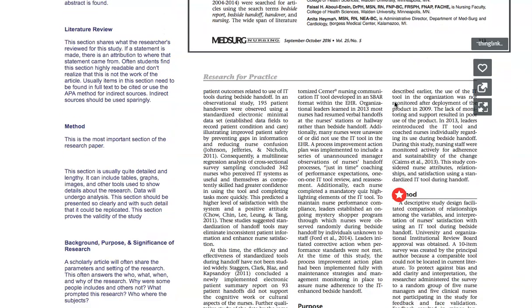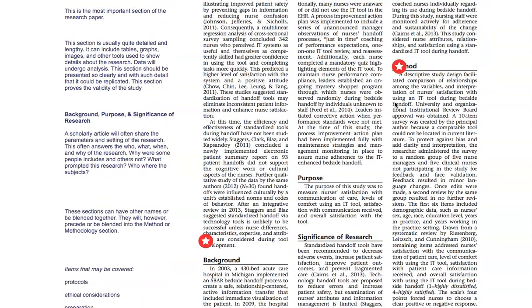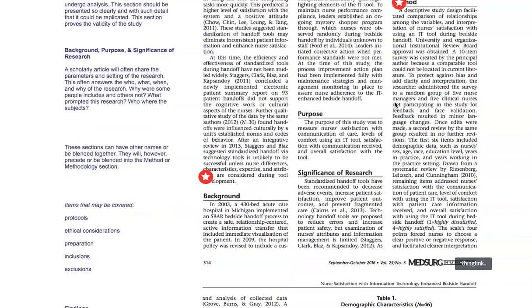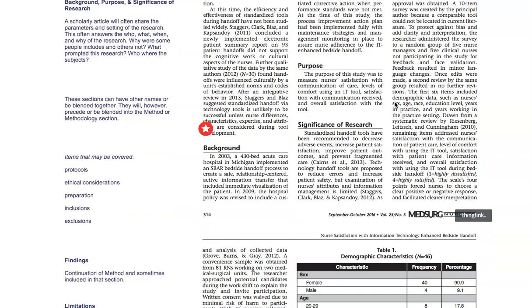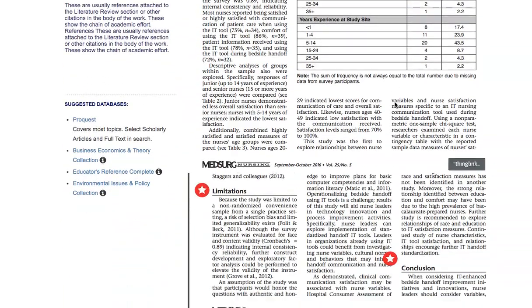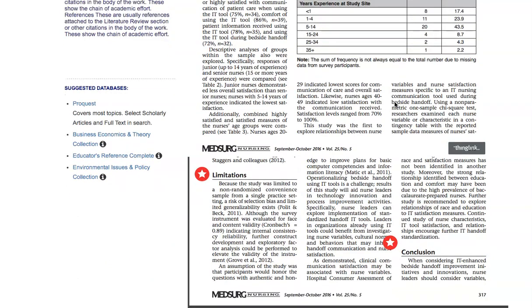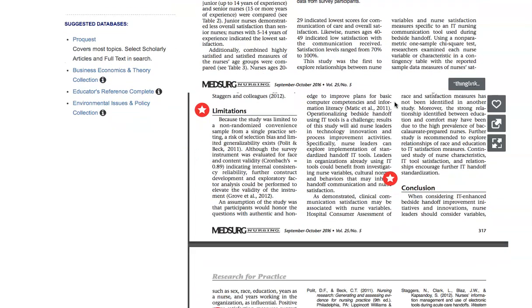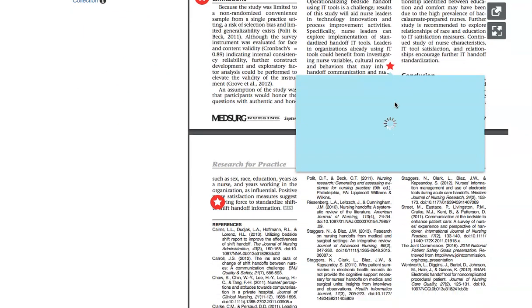Again, those are people that they've read, but this is where the meat begins to happen: the background, what type of facility, place, or otherwise that this is happening, the significance, method, quantitative, qualitative, and all the things that fall under those pieces. They're going to tell you about their findings, show you charts and graphs, limitations, how things didn't really work out. In this case, it looks like they wanted to do a certain type of quantitative research and it sort of fell apart and they went to another, and they have the conclusion about how this particular item went.